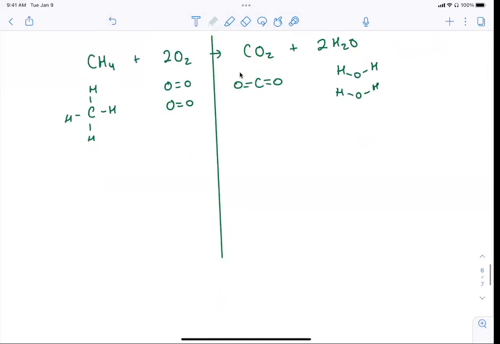Once you draw it out, you tell yourself, okay, how many bonds of each do I have? I have 4 C to H bonds, 2 O double bond O's, 2 C double bond O's, and 4 H single bond O's. So I count up all my bonds. I look at what I've written and count up how many bonds I have.